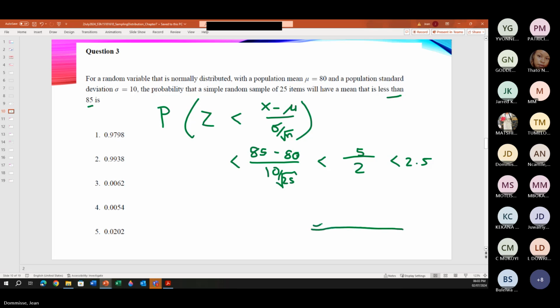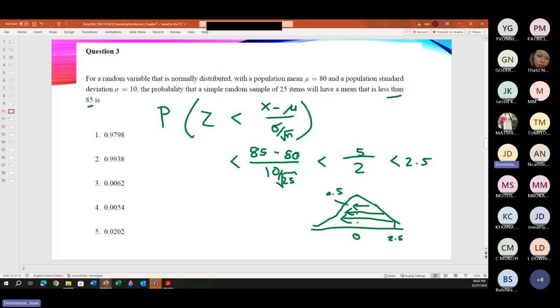Again, quickly draw it because that might give you options to cancel out. That in the middle is 0. So we need to work out less than 2.5. Okay, so we can see that whatever we're going to work out is going to be bigger than 0.5.